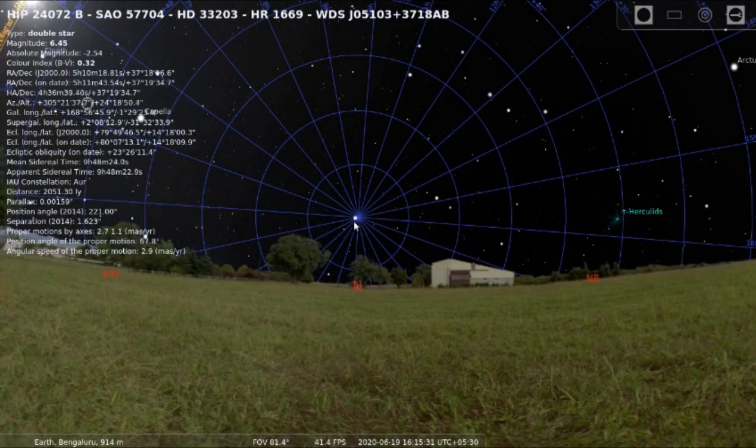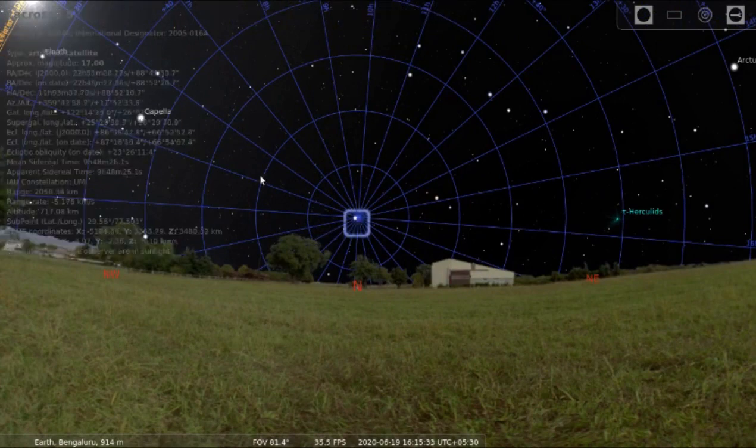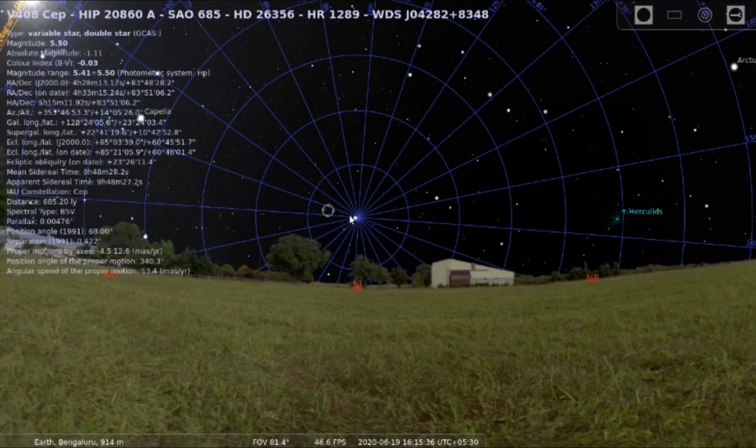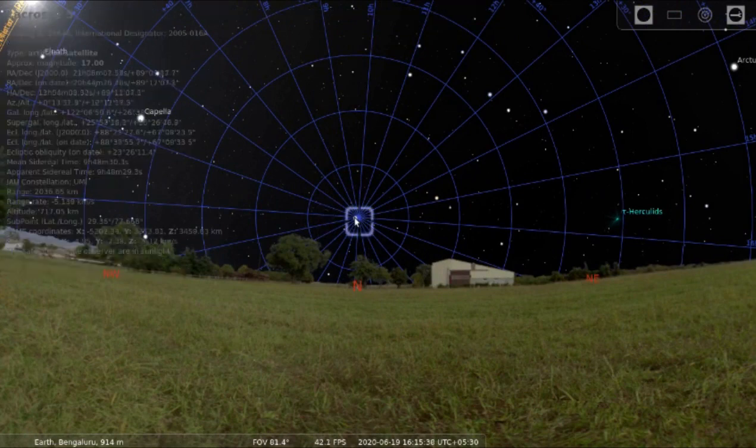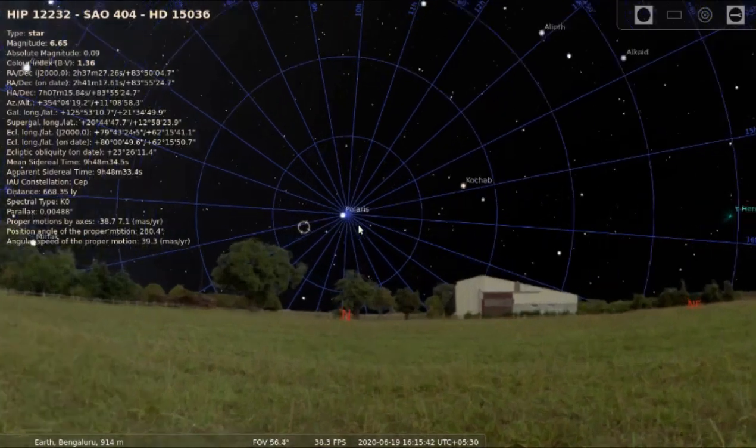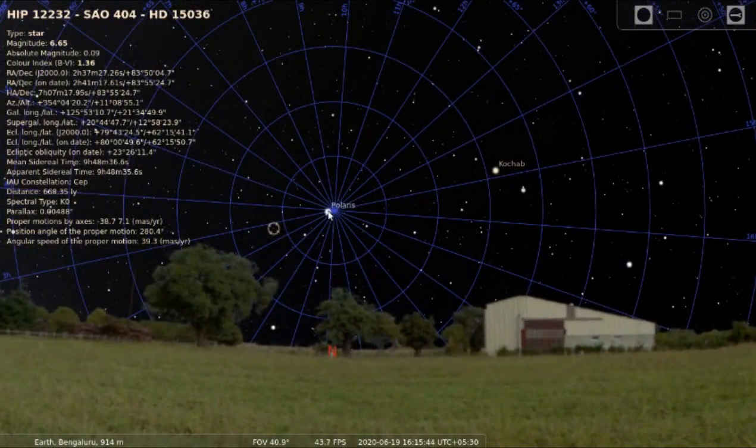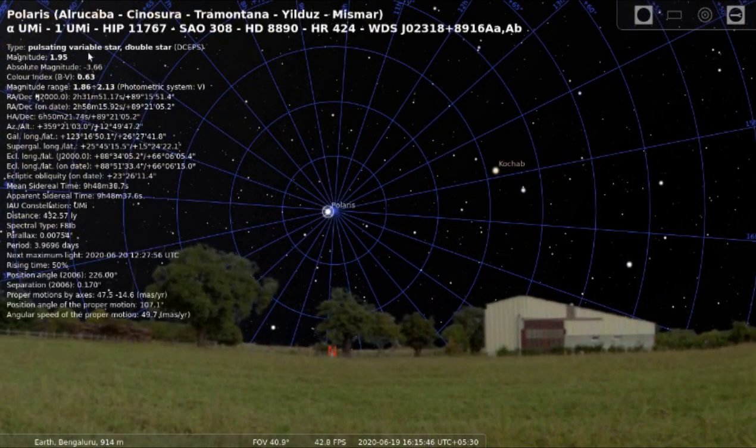If I click on the pole star, the absolute magnitude of the pole star is minus 3.66. So if you look at the absolute magnitude, the pole star is much brighter than even the sun.